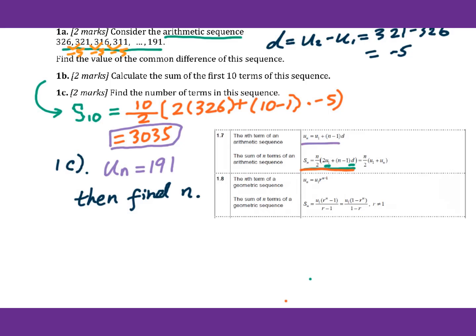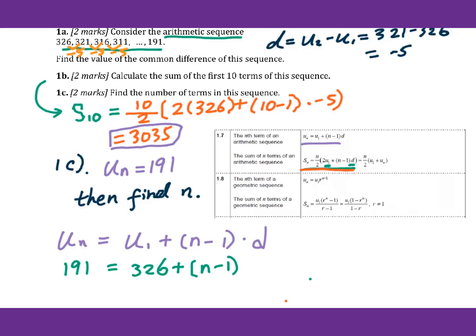To use this formula, U sub n equals U sub 1 plus n minus 1 times D. We already know U sub 1, so 191 equals 326 plus n, our variable, minus 1 times D, which is negative 5.